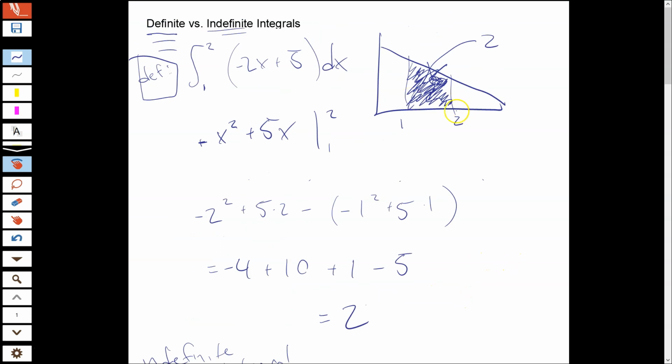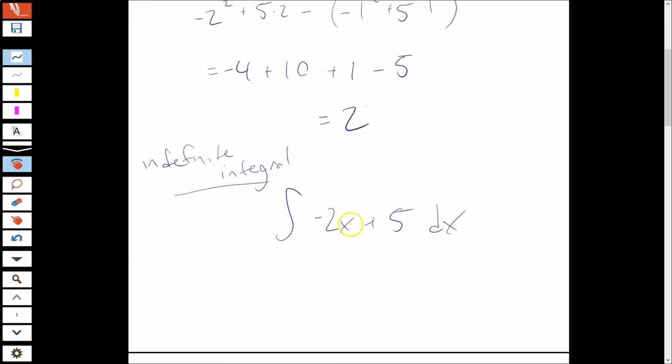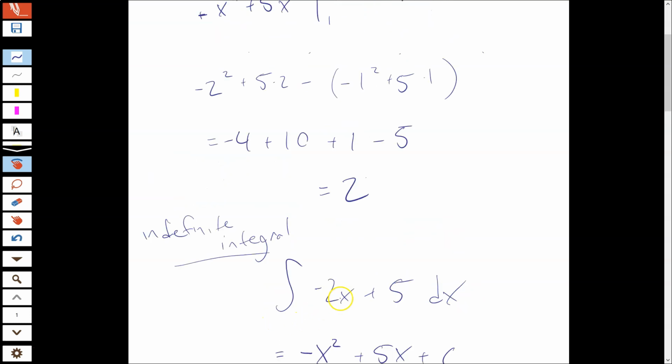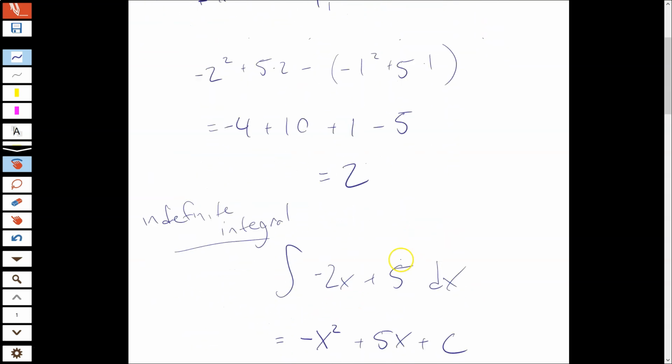Okay, so it no longer represents the specific piece of the graph because it has no upper and lower bound. It does represent some function though, although we don't know what exactly that function is. Because my indefinite integral, my result would be negative x squared plus 5x plus c. And I have to leave it at that. That's all the information I have.